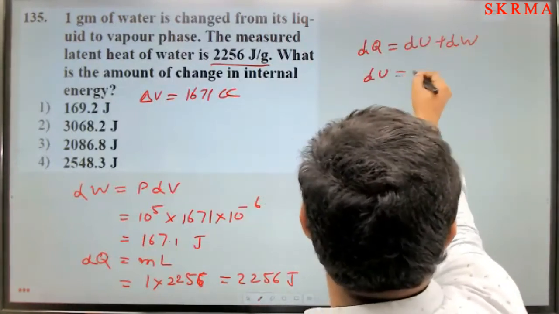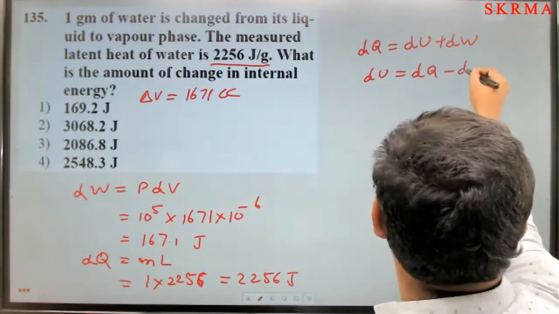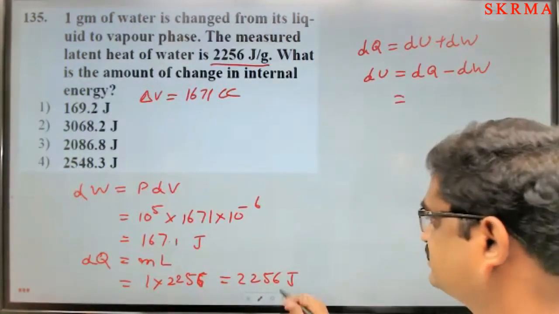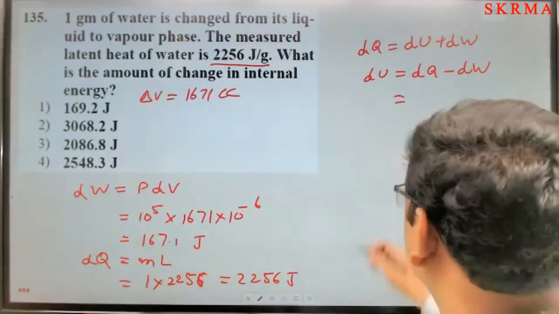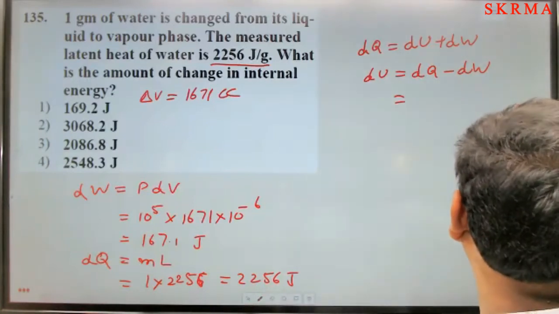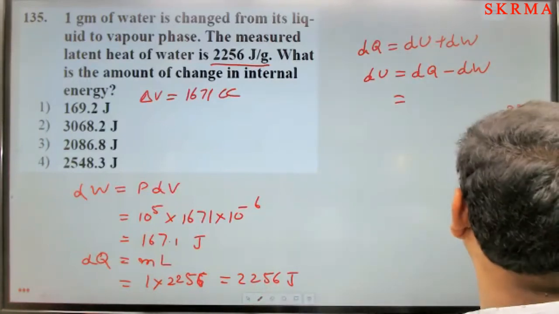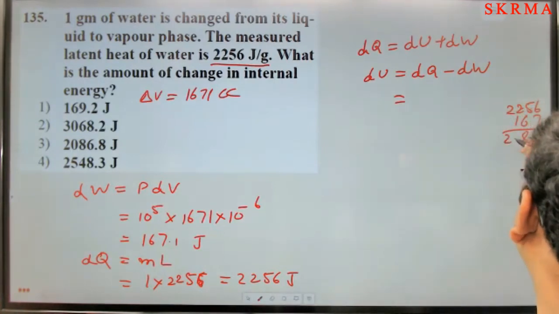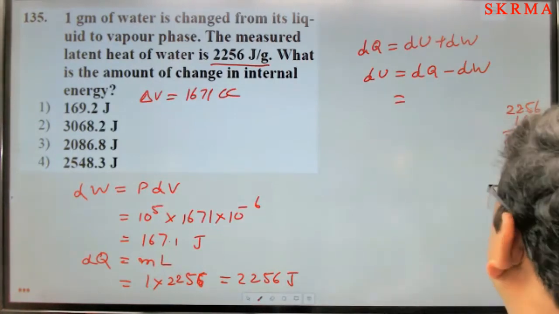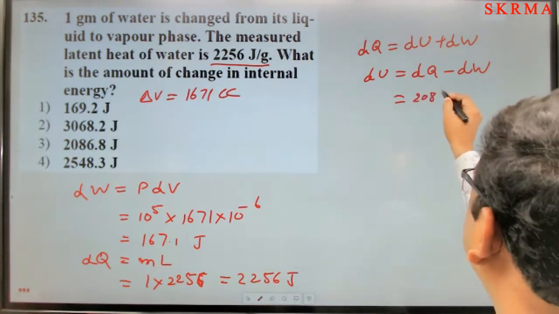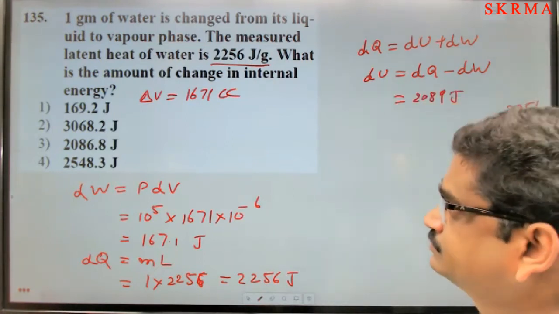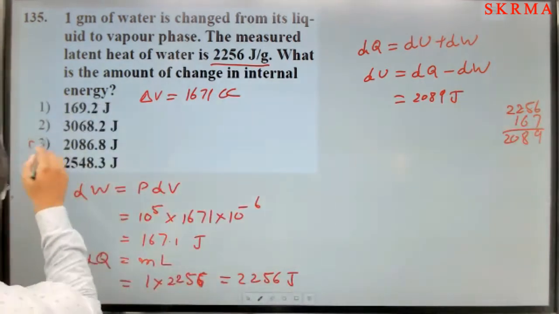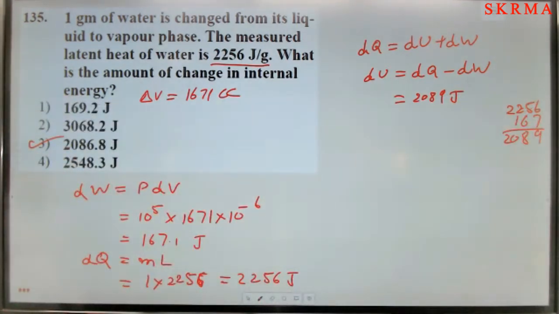Then dU equals dQ minus dW. So the difference between these two: 2256 minus 167 is 2089 joules. Third option.